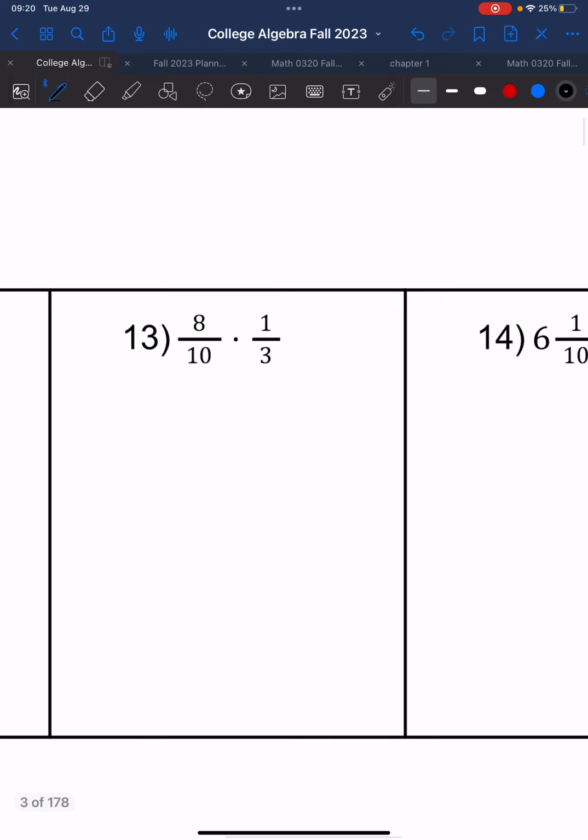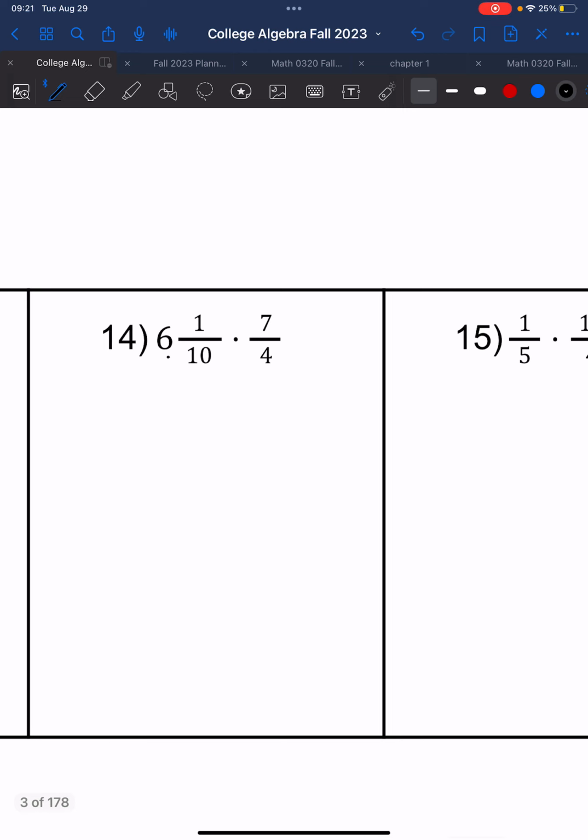Okay, number 13. So we don't have to turn anything into an improper fraction here. We are just multiplying across. So in the first one, we have 8 times 1, which is 8. 10 times 3, which is 30. Notice that both the 8 and 30 are divisible by 2. So that gives us 4 over 15. Okay, and that's our answer.